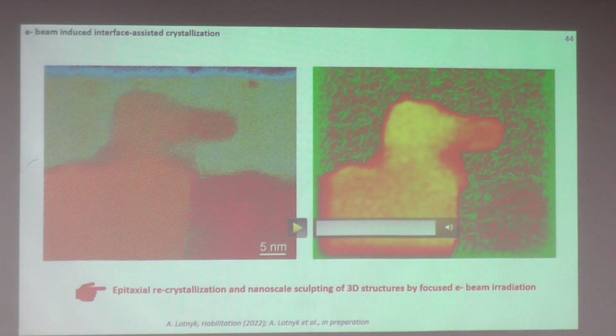We could create from the interface something like a head of a duck. We first produced the crystallization, allowing the material to crystallize in this direction from the interface. But if we have a crystalline interface here, we can also make crystalline structures in this direction. So we can hold different structures in your amorphous material.